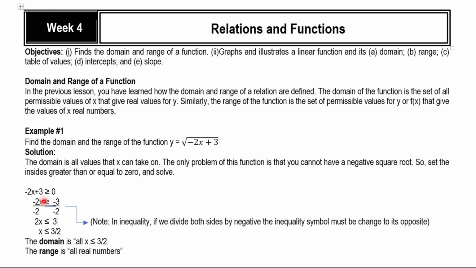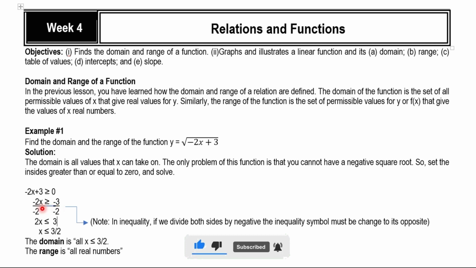So, again, we equate it to greater than or equal to 0. To solve for that, you simply transpose positive 3 to the right side of the equation. It will become negative. So, negative 2x greater than or equal to negative 3.